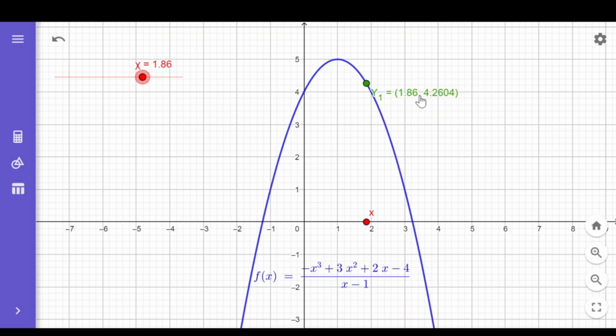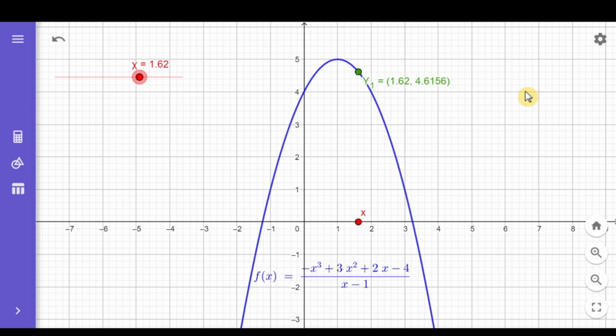So nandito. So at x equal to 1.86, the y value is 4.2604. Lapit pa natin yung konti. So 1.83. Observe lang natin ang nangyayari sa y value. Yan. Lapit na natin. X equal to 1.67. Ang y natin ay 4.5511.